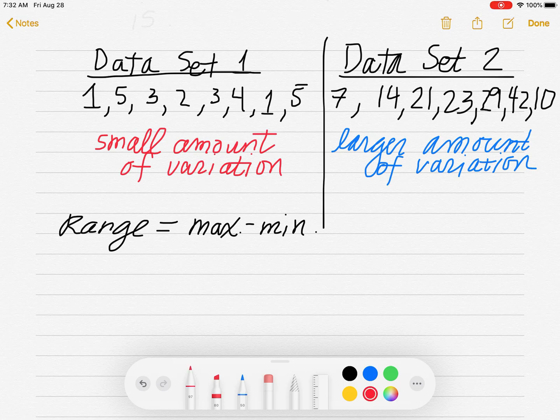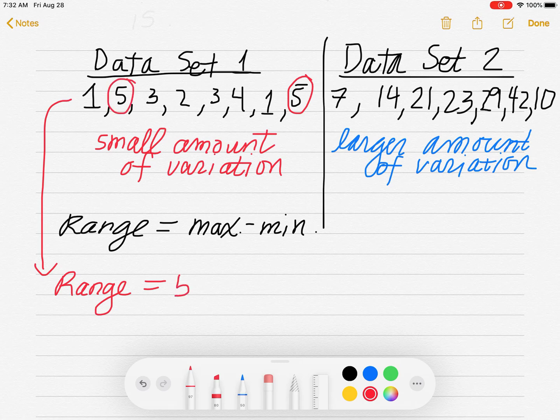So for data set 1, if I look at the largest number, the max here is going to be 5. It actually shows up twice. The largest number is 5, minus the smallest number, 1. 5 minus 1 is 4. So for the first data set, we have a range of 4.